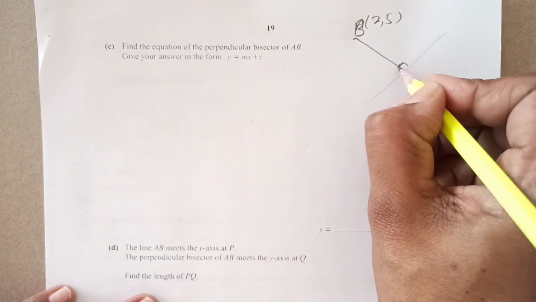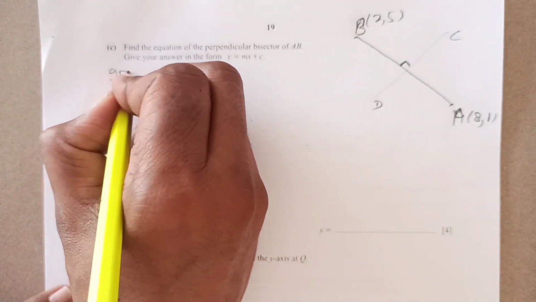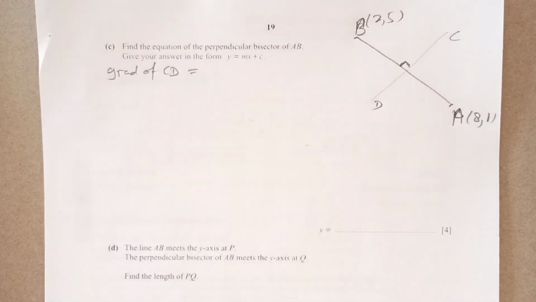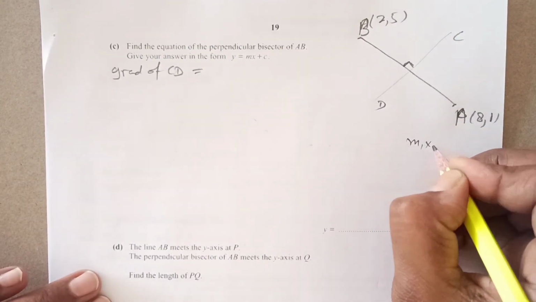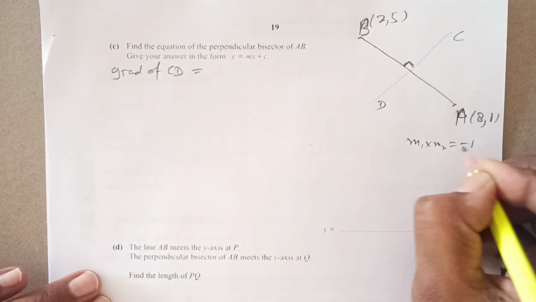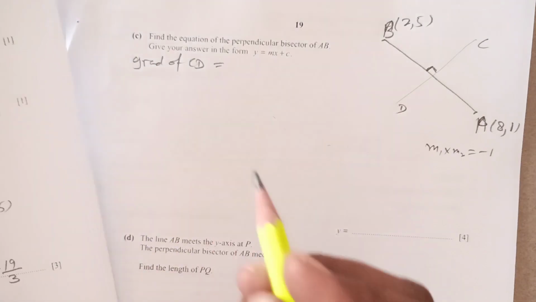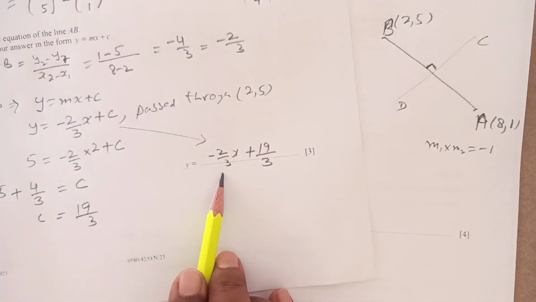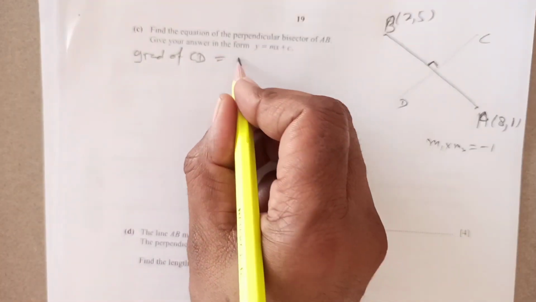Let's say this is CD. Okay, so the gradient of CD, that is the perpendicular: when lines are perpendicular, the product of their gradients is negative 1. So the gradient we had was negative 2 over 3 here, so that will become 3 over 2 in positive, right? So gradient is 3 over 2.